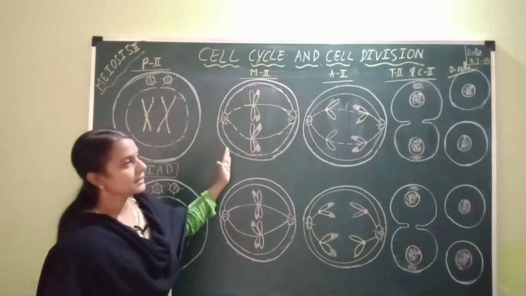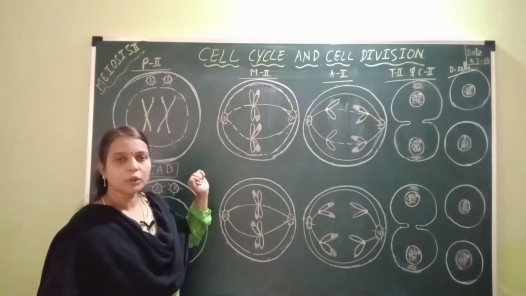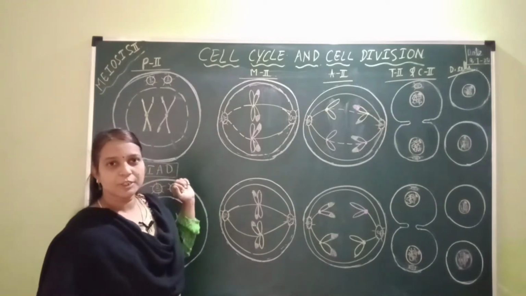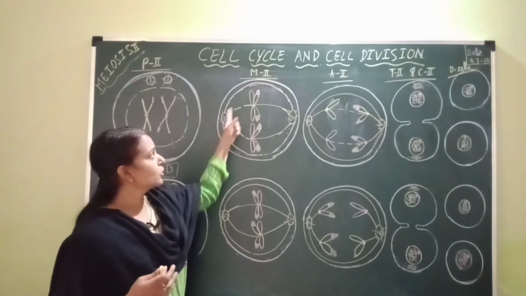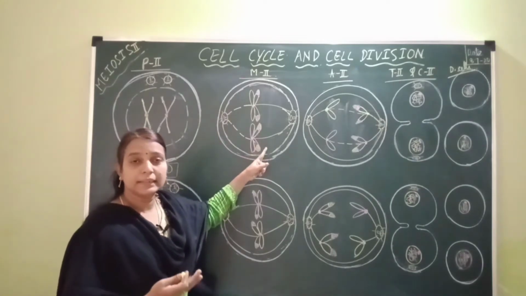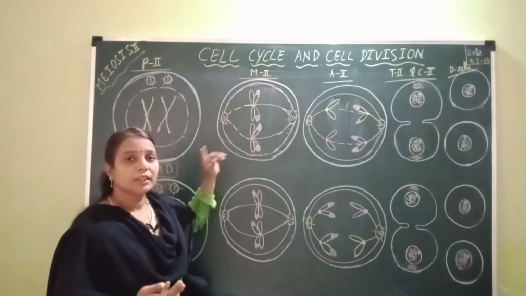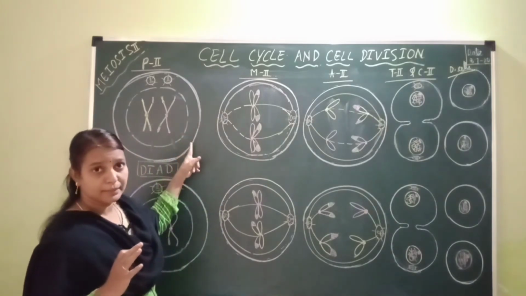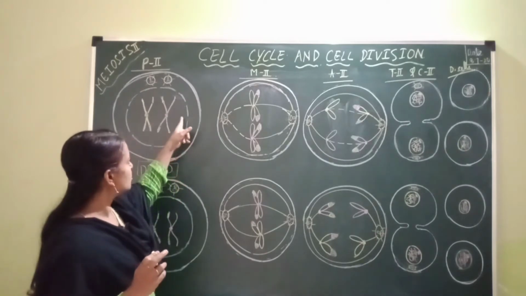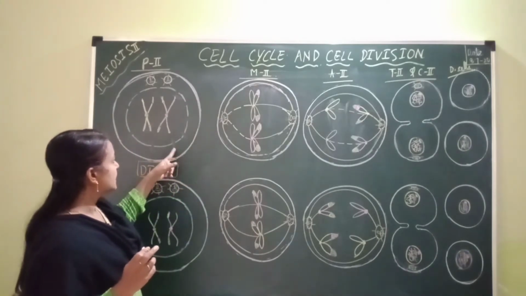Now the cell enters into Metaphase-II. So during Metaphase-II, there will be no differentiation between cytoplasm and nucleoplasm because by early Metaphase-II itself, the nuclear membrane undergoes complete disintegration. By the end of Prophase-II, the nuclear membrane starts disintegrating.